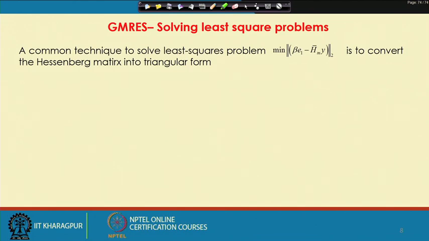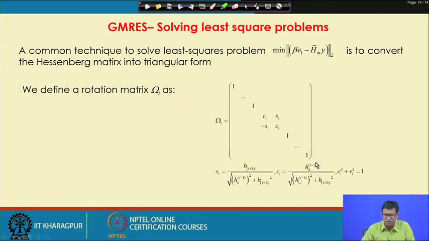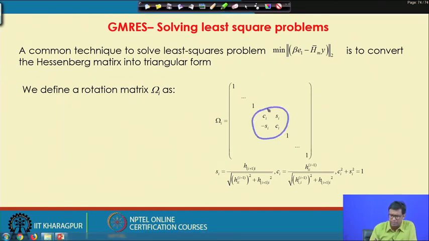A common technique to solve the least square problem is to convert the Heisenberg matrix into upper triangular form, and that is done by a rotation. Here, a rotation matrix capital omega i is defined as a diagonal matrix with only a block of Ci, Si, minus Si, Ci, which are the cosine and sine of the angles, calculated based on the i plus 1, ith term of the Heisenberg matrix.